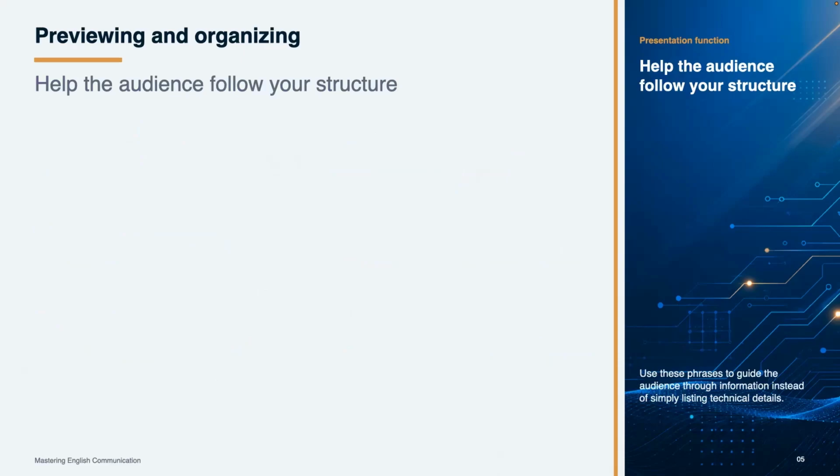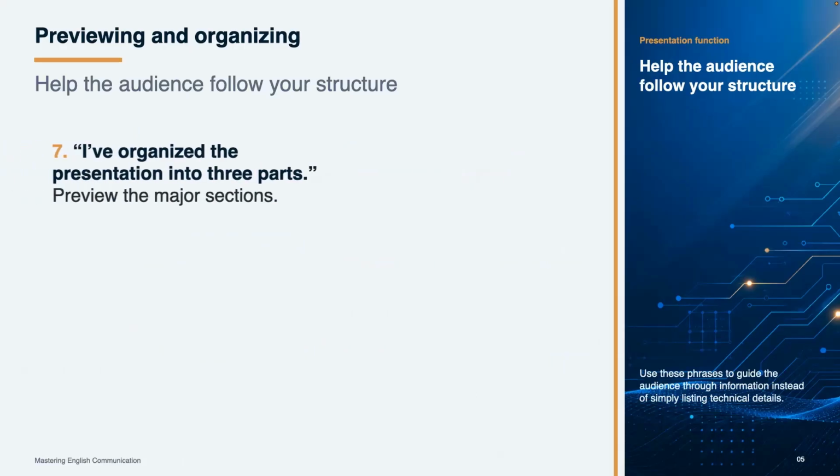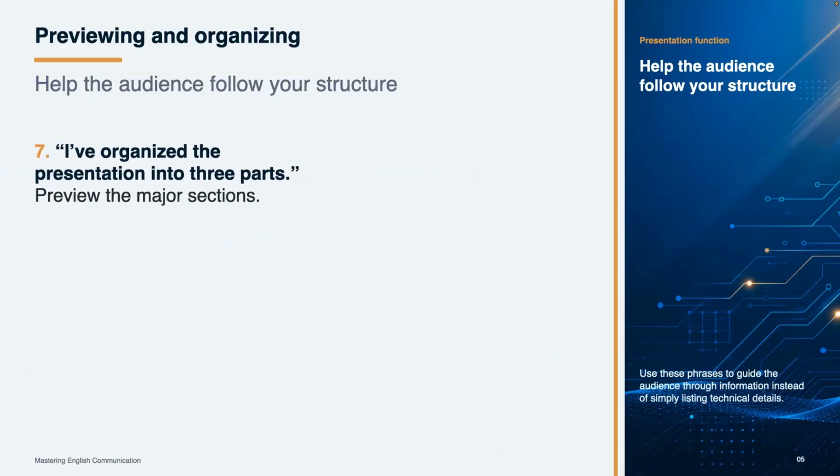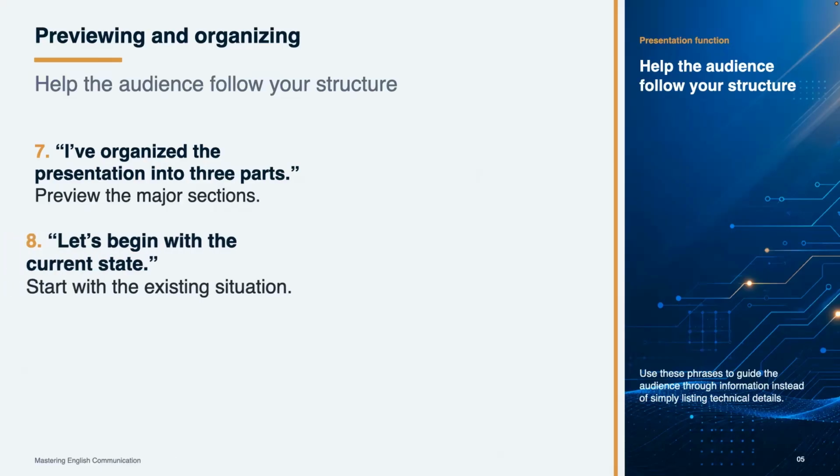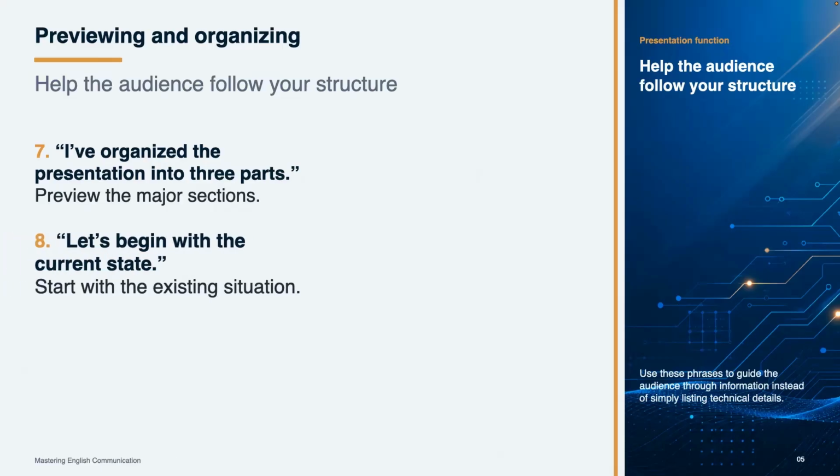Now let's look at previewing and organizing. This will help your audience follow your structure. I've organized the presentation into 3 parts. This previews the major sections. Let's begin with the current state. You start with the existing situation.